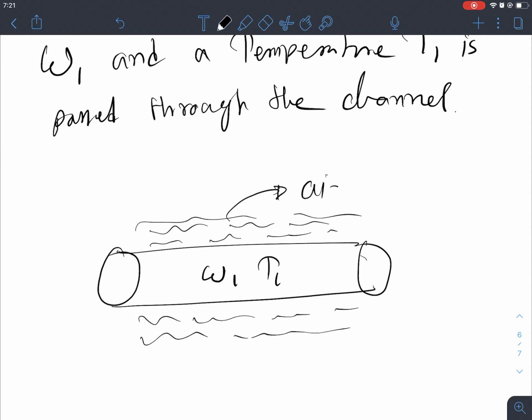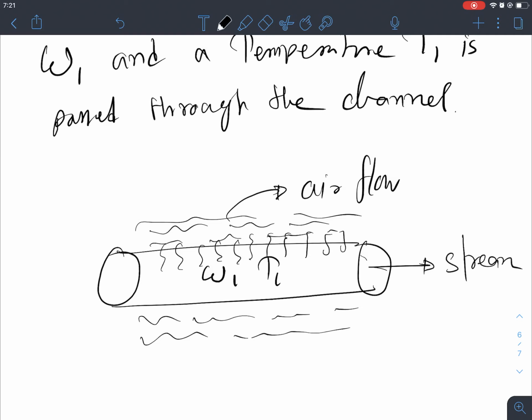What is happening in this airflow stream is that some of the water evaporates from this channel, right?